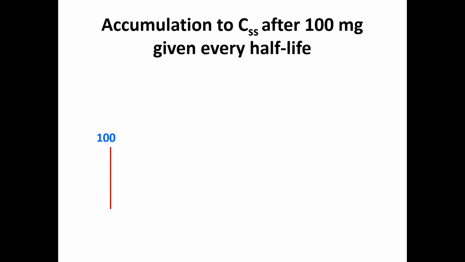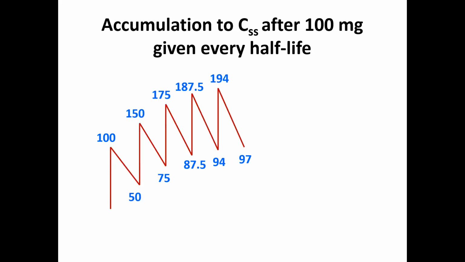So the drug is coming and the drug is leaving, and a steady state is maintained. In order to achieve a steady state, how many half-lives are required? Do you remember? 5 to 6, 5.5, something like that. These half-lives are required to achieve the drug into a steady state. I had mentioned this.